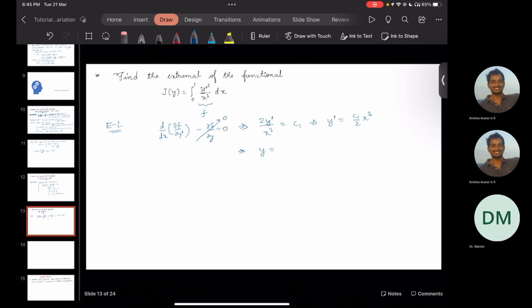So this gives us y is equal to c1 x to the power 4 divided by 4 into 2, which is 8, plus some constant c. So this is our solution.